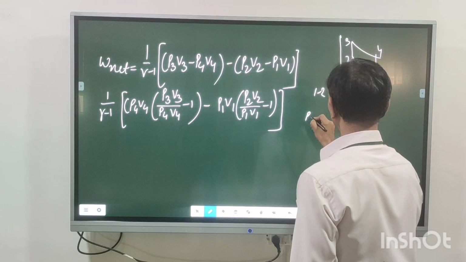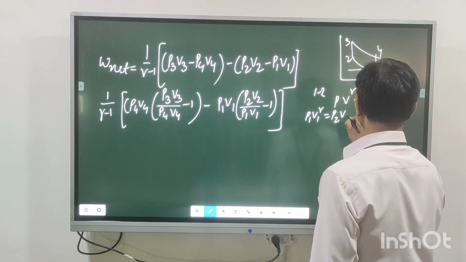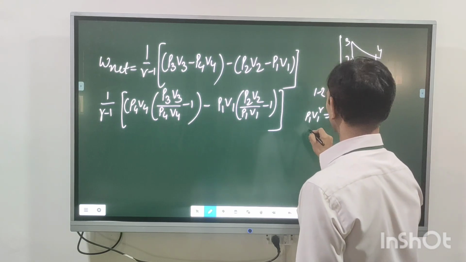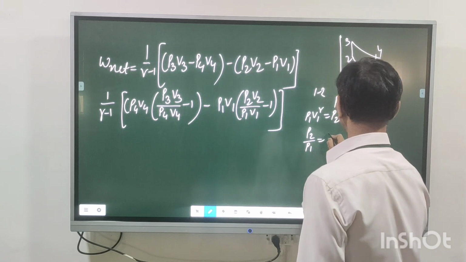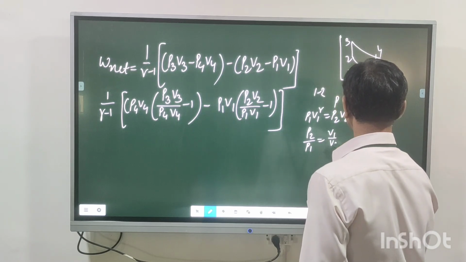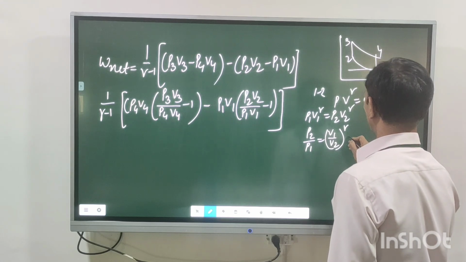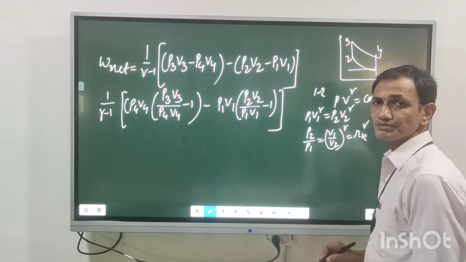So P1 V1 gamma is equal to P2 V2 gamma. So we can write P2 by P1 is equal to V1 upon V2 to the power gamma, that is RK gamma.